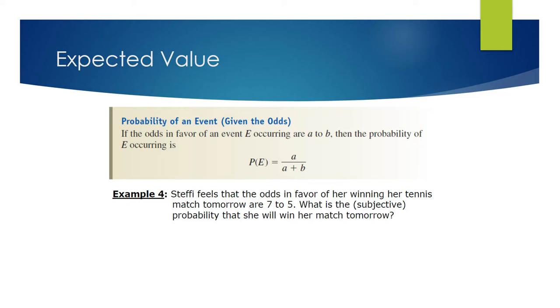So that means out of the 12 times we have together, she expects that 7 times out of those 12 she's going to win the game. And so it's 7 out of 12, which you could make into a decimal, which would be 0.58, repeating 3s.